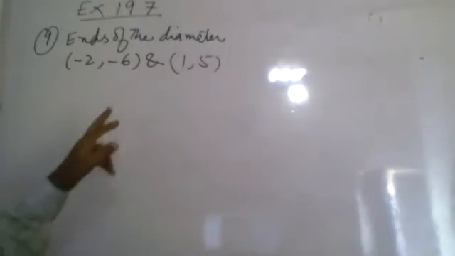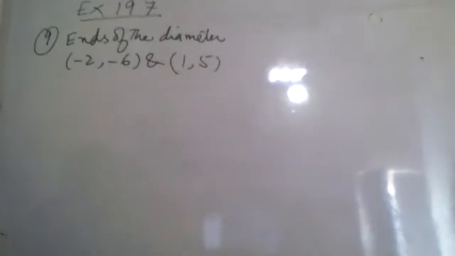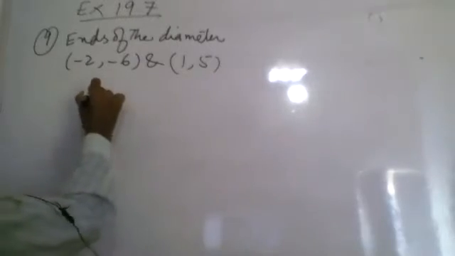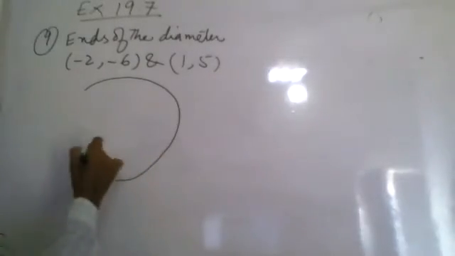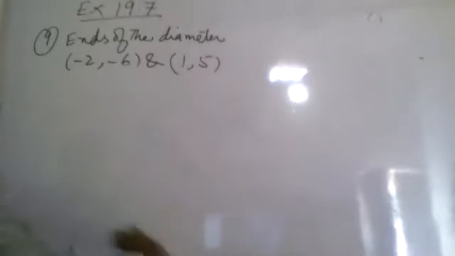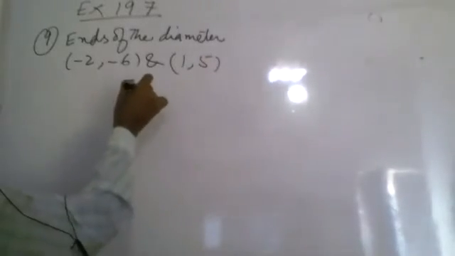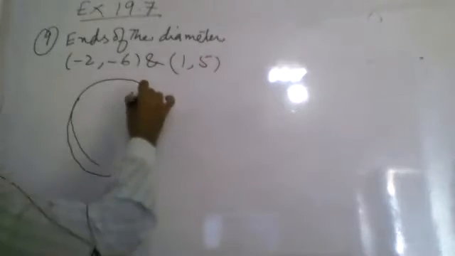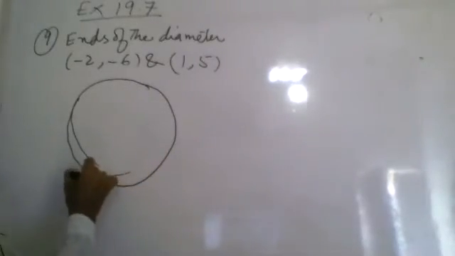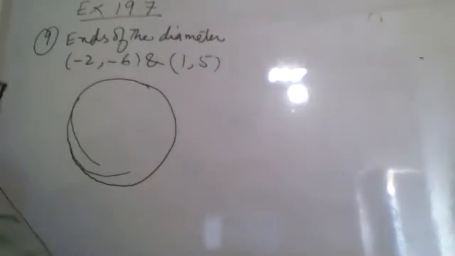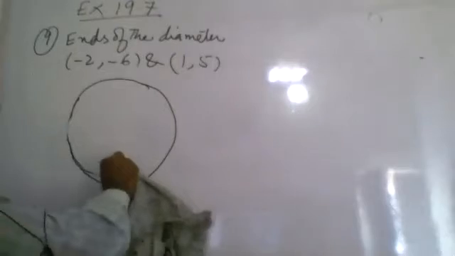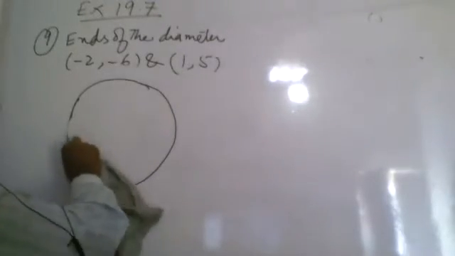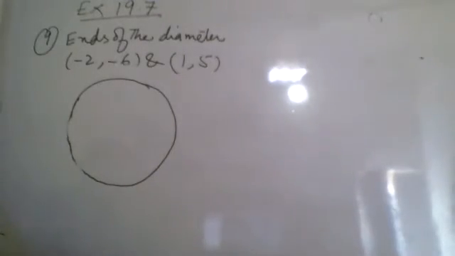Both the points will be on the circle and they are the ends of the diameter. It will be something like this, if you have a circle. This is the circle.